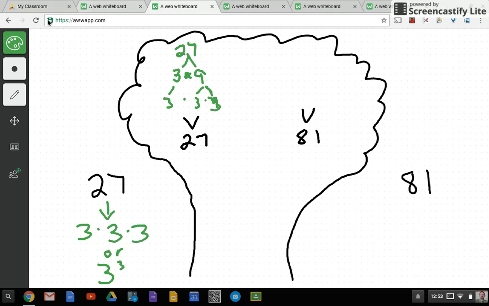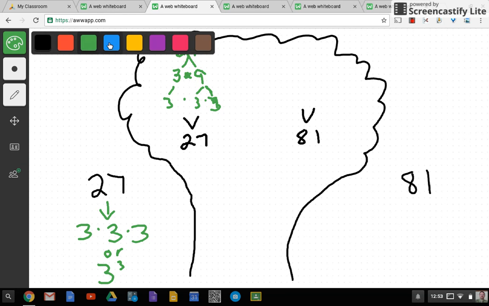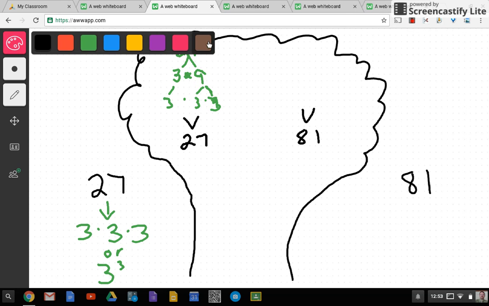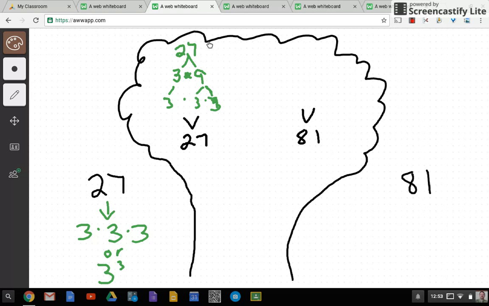Okay, now let's do 81. I change colors here just to have something a little different. Let's stay with the tree motif and let's go brown. So 81, I'm going to split it up. The way I would split it up to start off with is 9 times 9. 9 is a composite number.